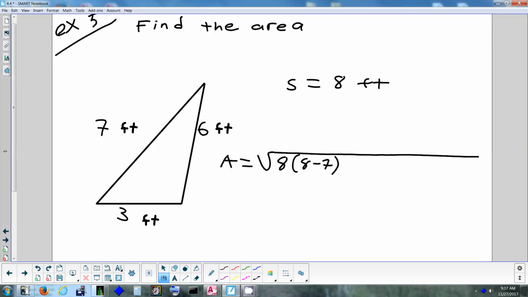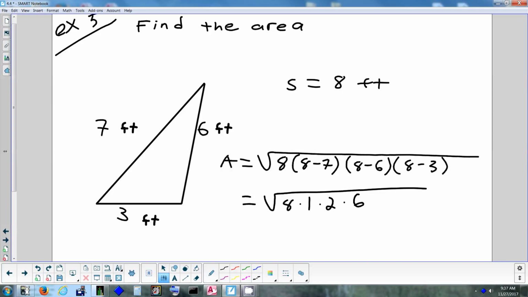S minus the first, s minus the second, s minus the third. So the area is going to be the square root of 8 times 1, which you don't need that one, times 2, times 6.